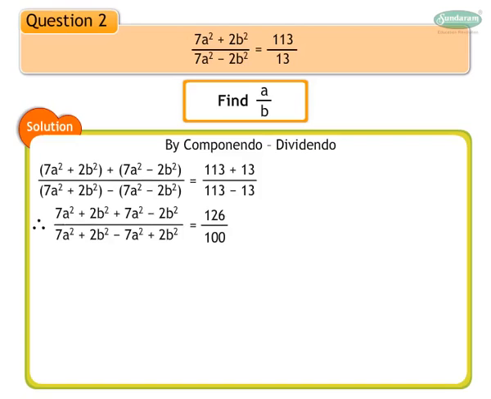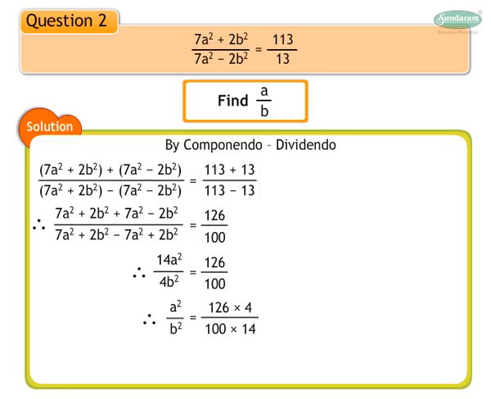Now, opening the brackets, we get (7a²+2b²+7a²−2b²)/(7a²+2b²−7a²+2b²) = 126/100. On adding and subtracting like terms, we get 14a²/4b² = 126/100.